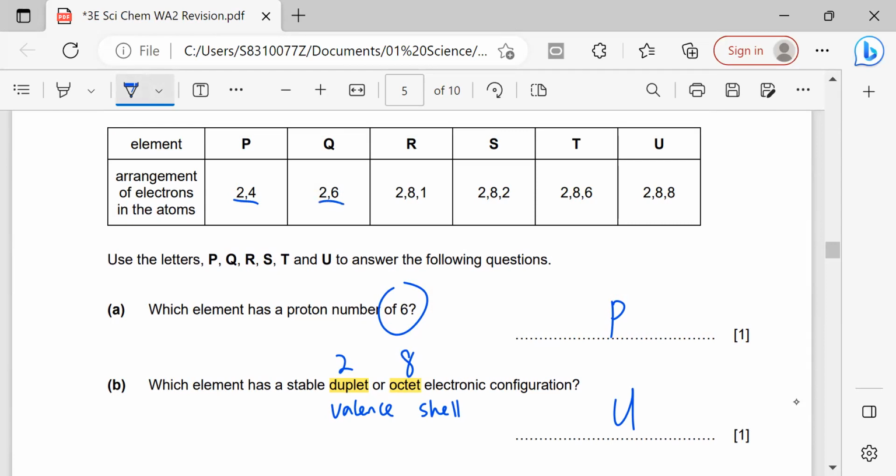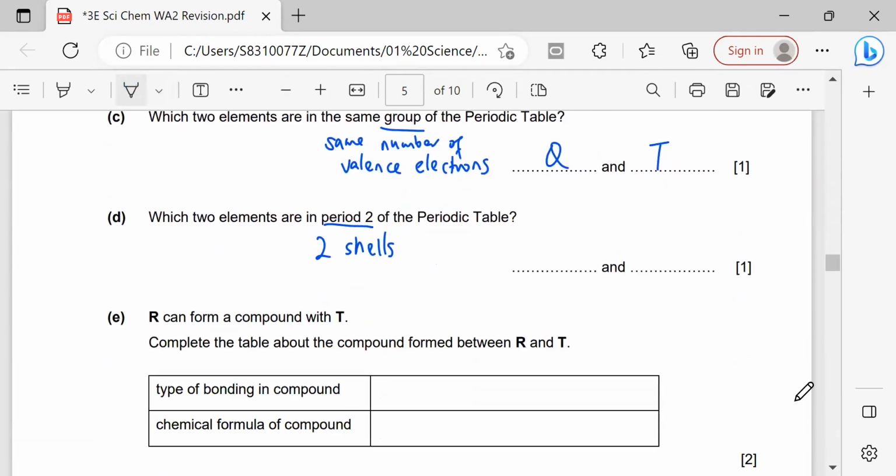Q also has 2 shells, 2 and 6. On the other hand, R with 3 numbers tells you that there are 3 occupied shells. In fact, S, T, and U as well all have 3 numbers in the electronic configuration, meaning they have 3 occupied shells. Therefore, our answer for part D will be P and Q.